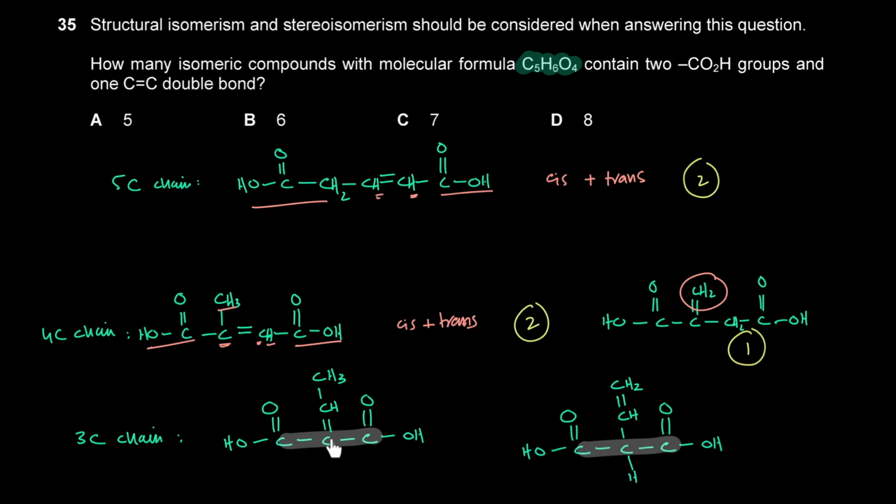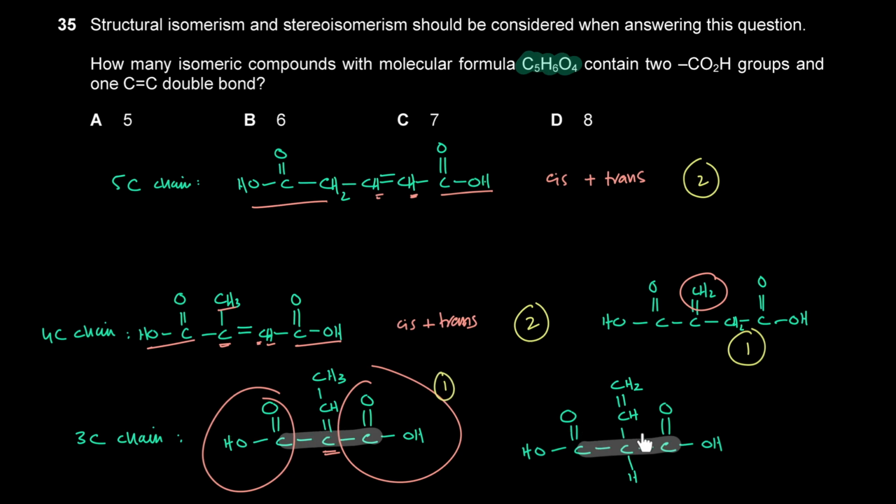Now this one doesn't exhibit cis-trans isomerism, because this carbon on the double bond is bonded to 2 identical CO2H groups. So no cis-trans isomerism and no chiral center. So this structure is actually just one isomer. It doesn't exist as a pair of stereoisomers.